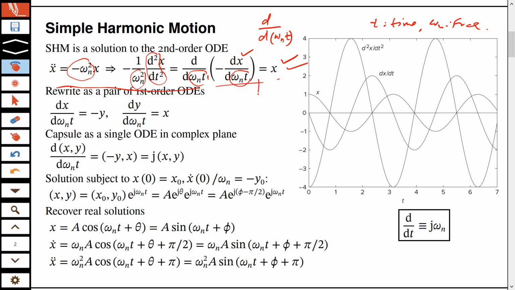But what I am doing next is not something you have done in the course of differential equations. This is a new way of looking at things, and the motivation comes basically from this.